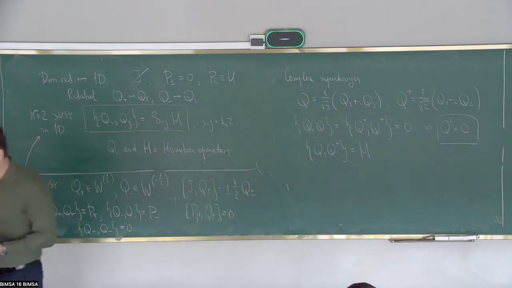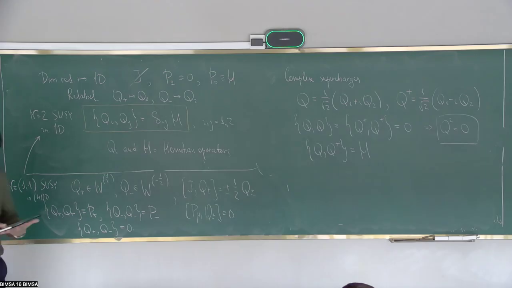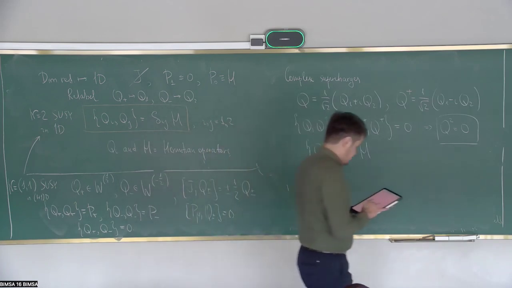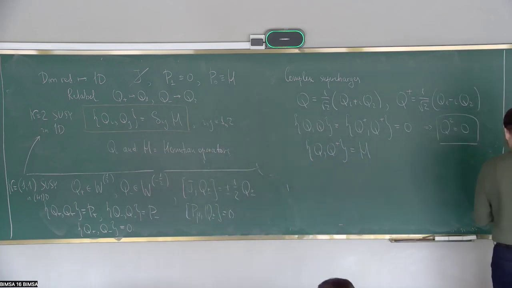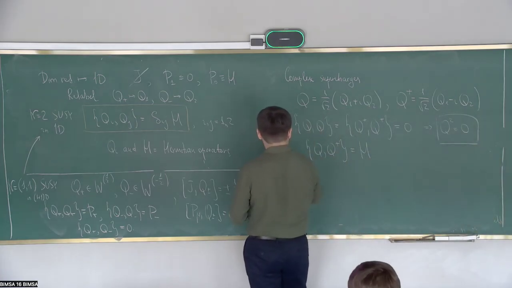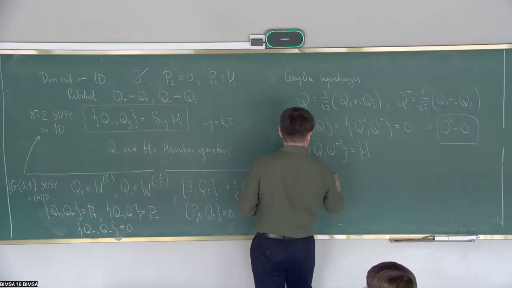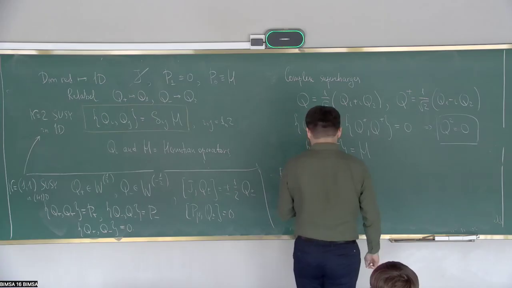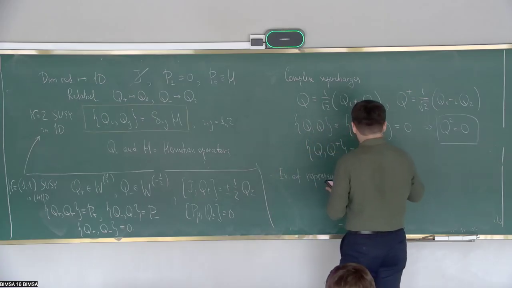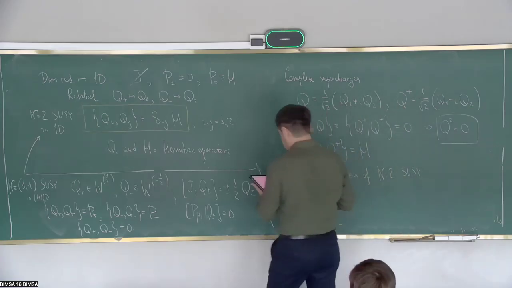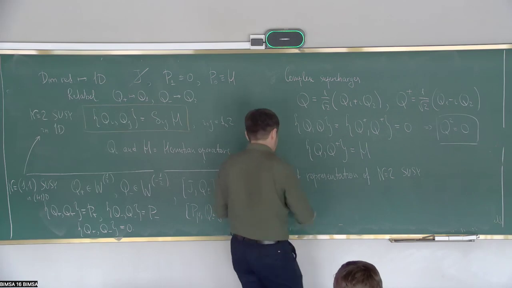So let's discuss the simplest representation of this superalgebra. It is obtained by taking what in physics we call a fermion ψ.